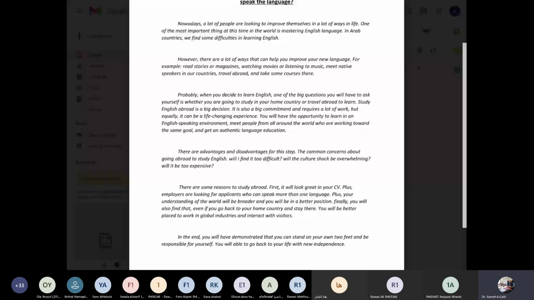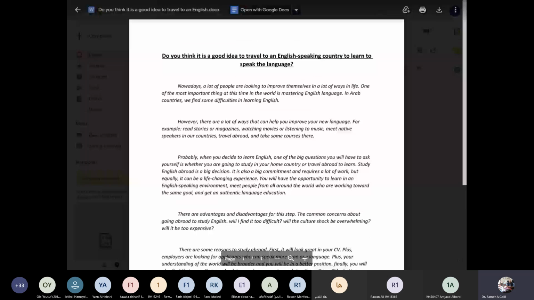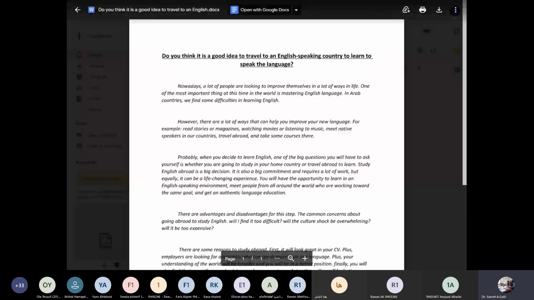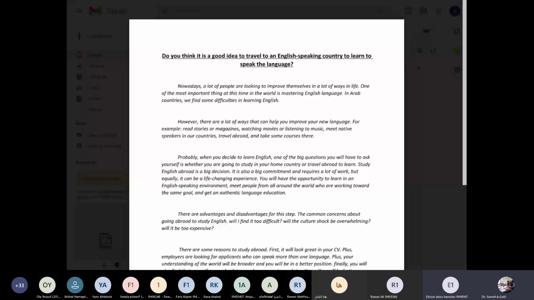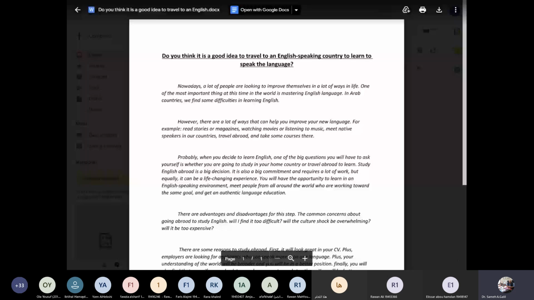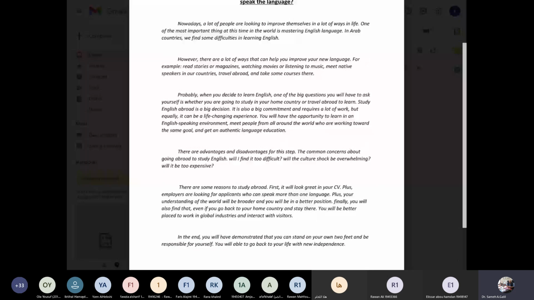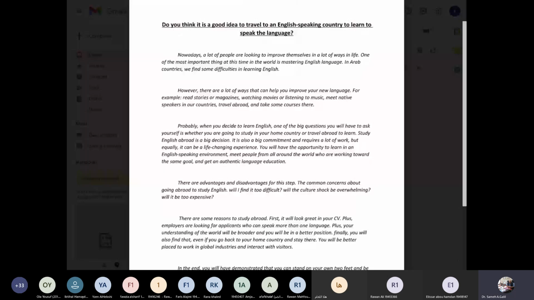Do you still remember what the essay prompt was? Remember the question? Do you think it's a good idea to travel to an English-speaking country? Yes, it was persuasive, right? So this was the prompt. This is what she should be building on. Go and look at the thesis statement. Where is her thesis statement in the introduction?